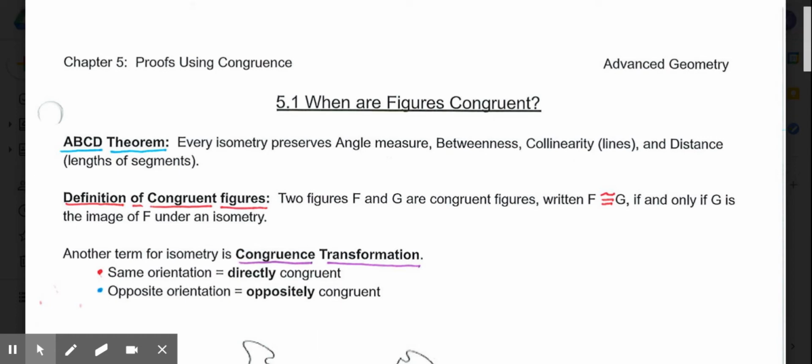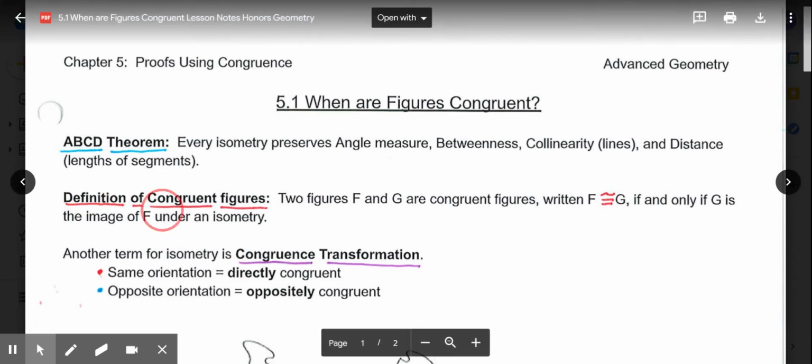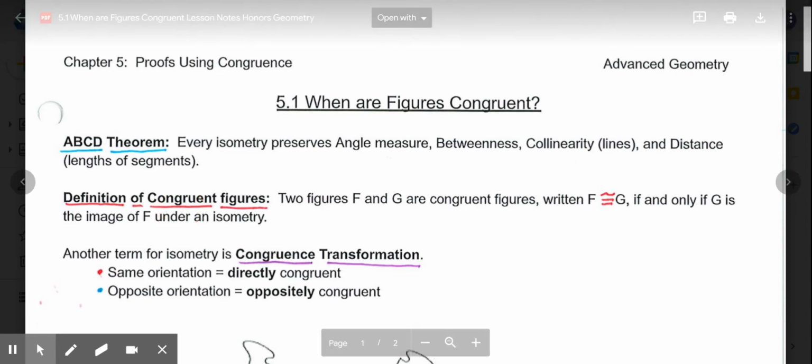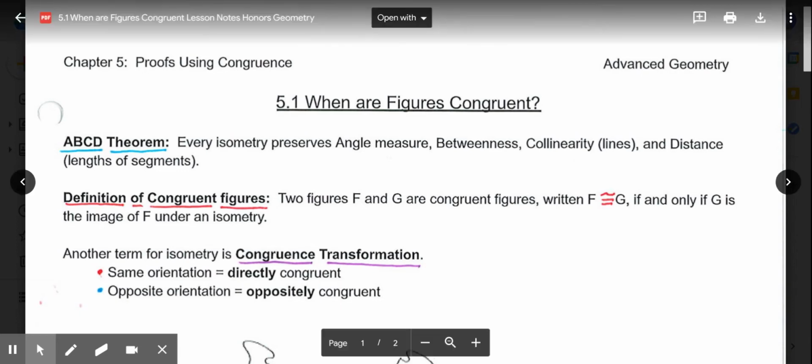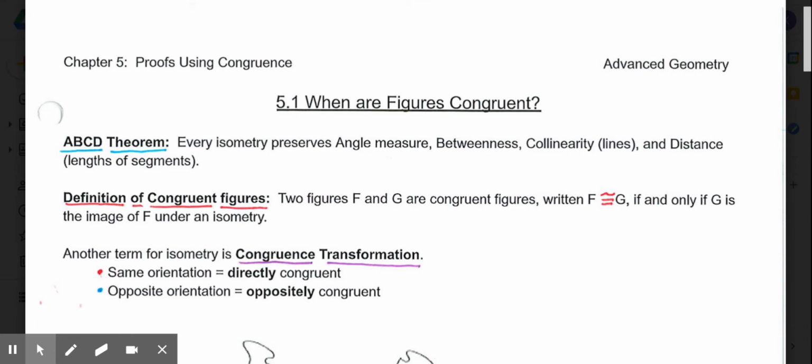The reason that we're reviewing these properties of isometries is because congruence and congruent figures is based on that idea of an isometry. If we had two random figures, f and g, they are congruent figures, written f ≅ g (the congruent sign is an equal sign with a little squiggly above it), if and only if g is the image of f under an isometry.